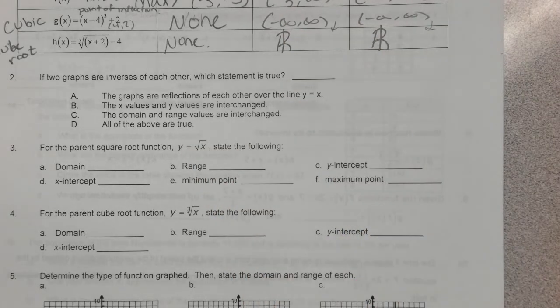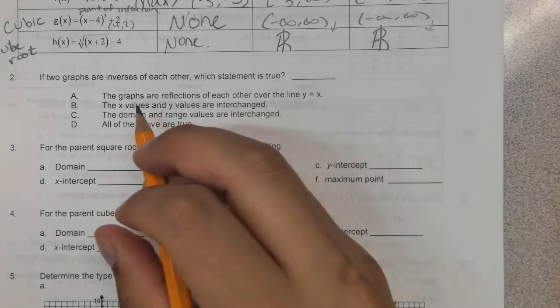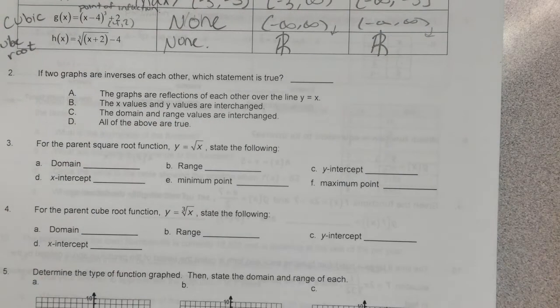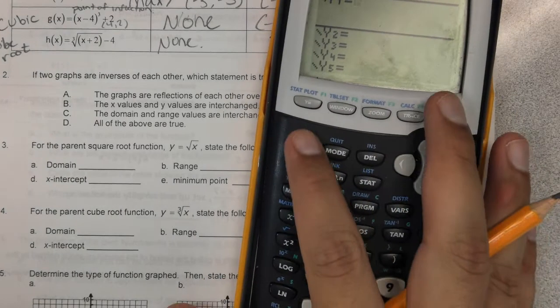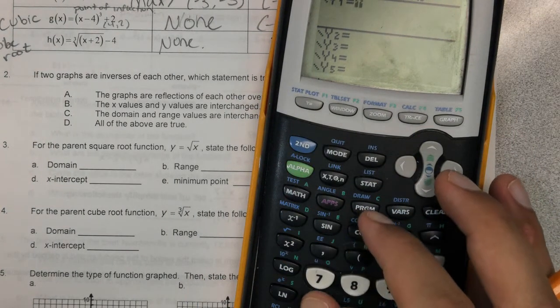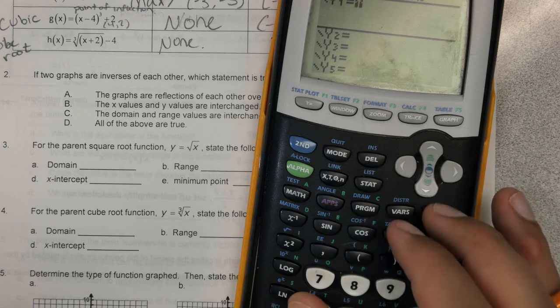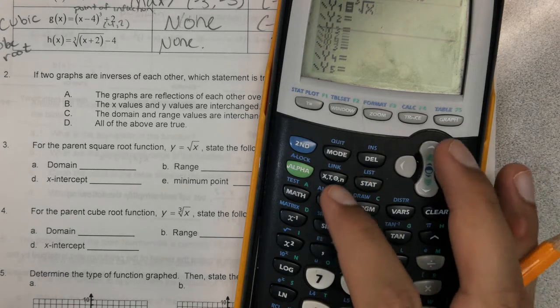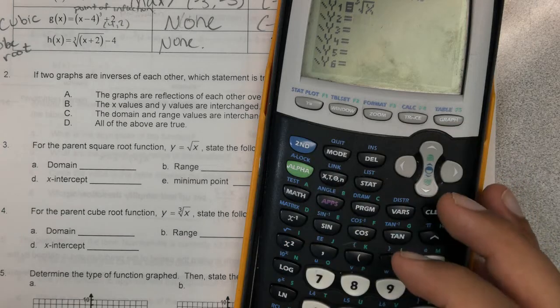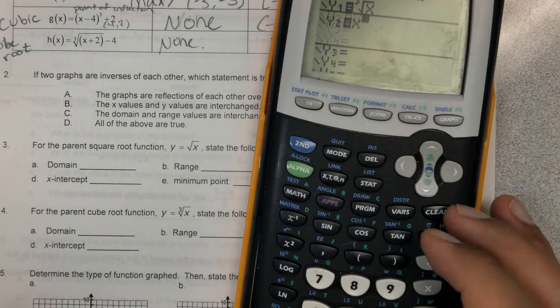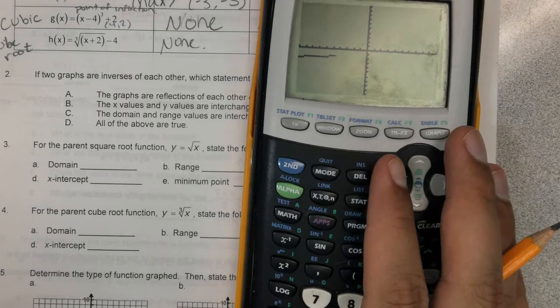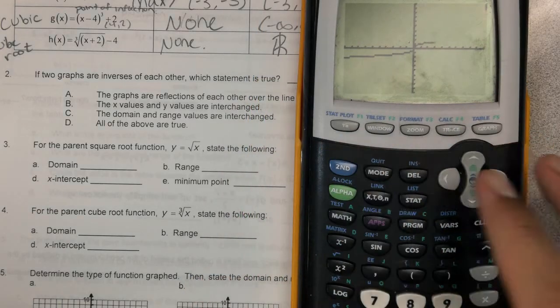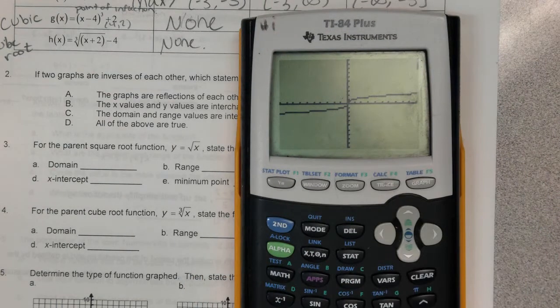For number 2, if two graphs are inverses of each other, which statement is true? Let me give you an example of some inverses. Let's do Math 4 x.